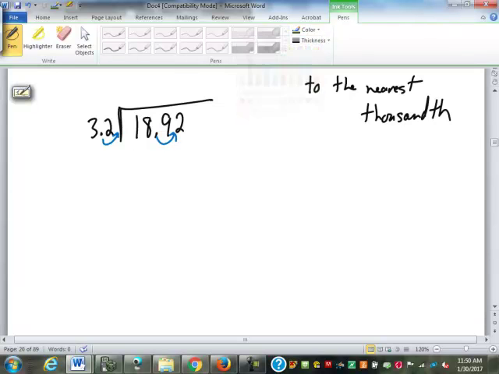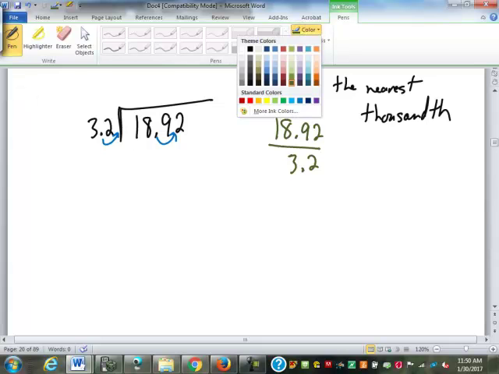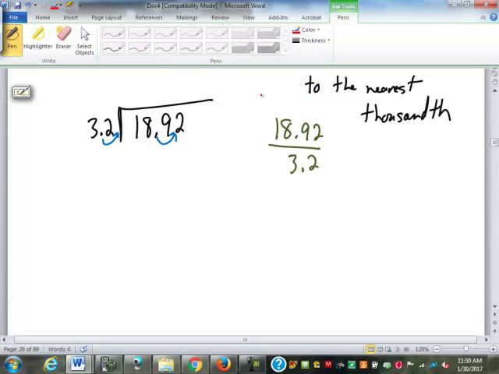The reason we're able to do that is because division and fractions are very closely related. In fact, you can kind of flip back and forth between division and fractions. You put division into a fractional form. And if I wanted to get rid of the decimal point on the denominator of this fraction, which is the number I'm dividing by, it's got 1 decimal place, so I'm going to multiply by 10.